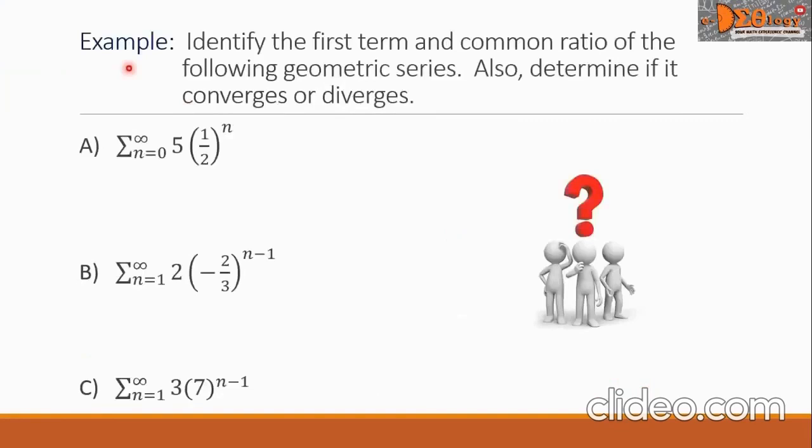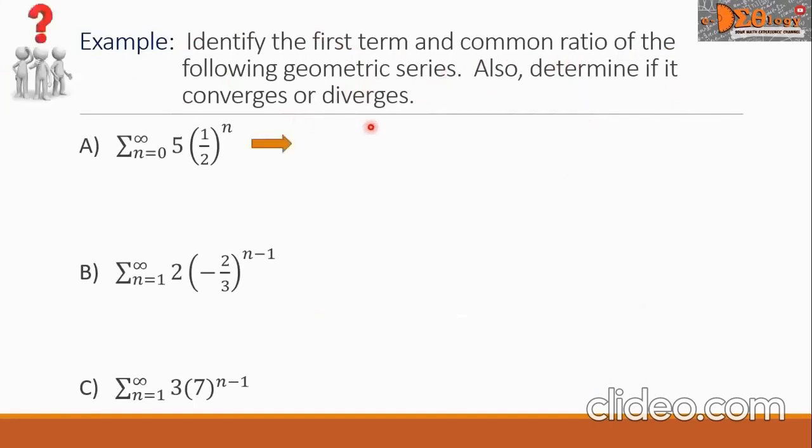Let's have an example. Identify the first term and common ratio of the following geometric series. Also, determine if it converges or diverges. Let's start with problem A. Summation of n equals 0 up to infinity of 5 multiplied by the quantity 1/2 raised to n.